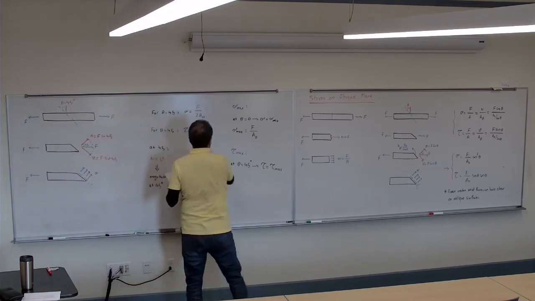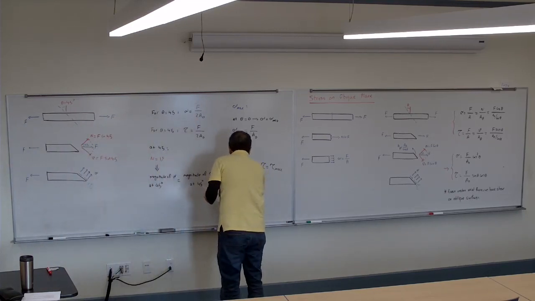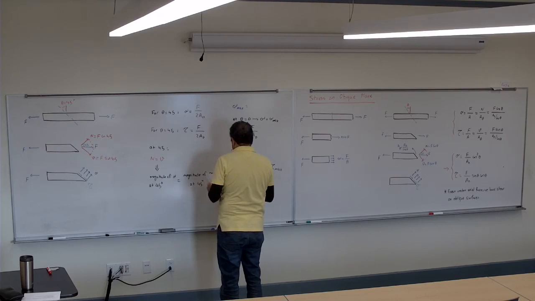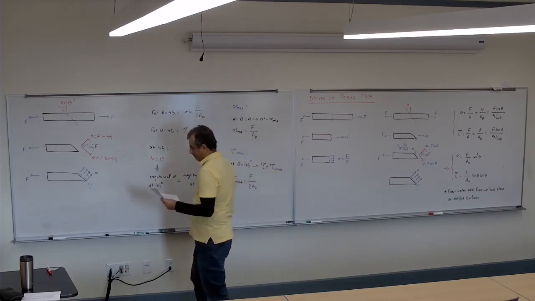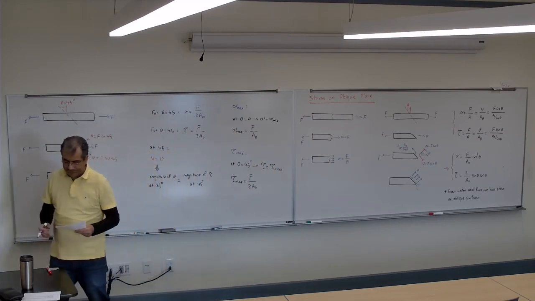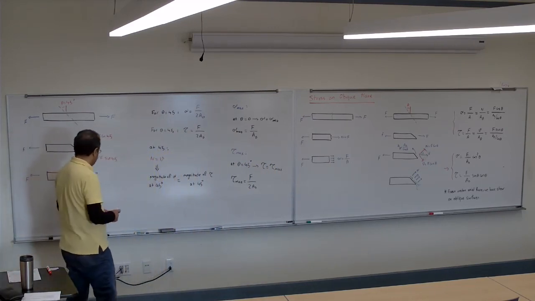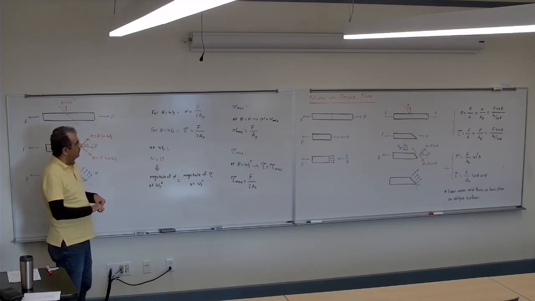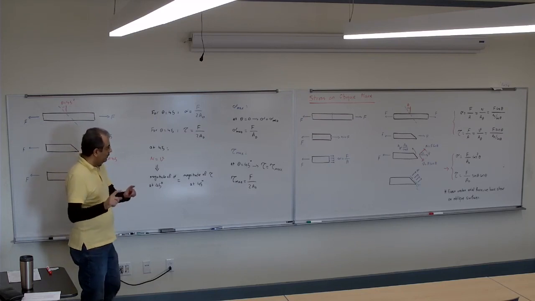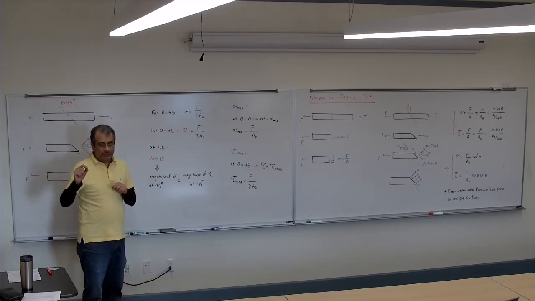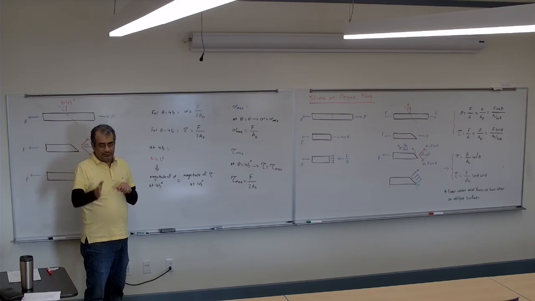Just the same thing here: the tau max would be F divided by 2 A naught. So if our member wants to break under the normal stress, it breaks at 0 degrees. If it wants to break under the shear, it will break at 45 degrees.